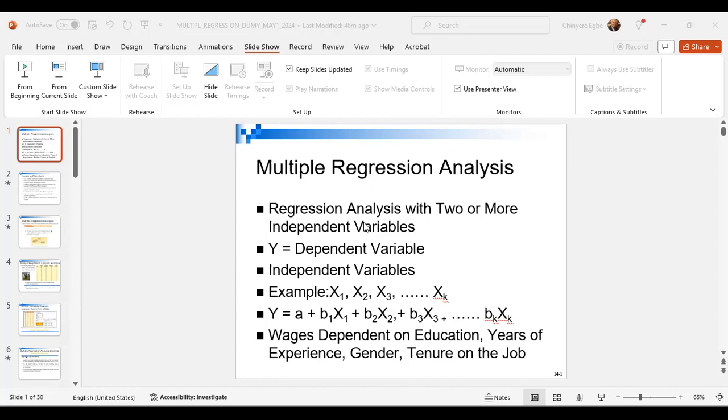Then you can use the Gauss method to actually estimate. What you have here is y equals x b, where b is k by 1.